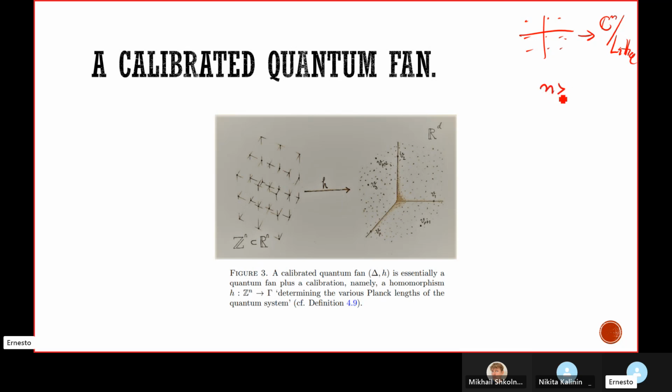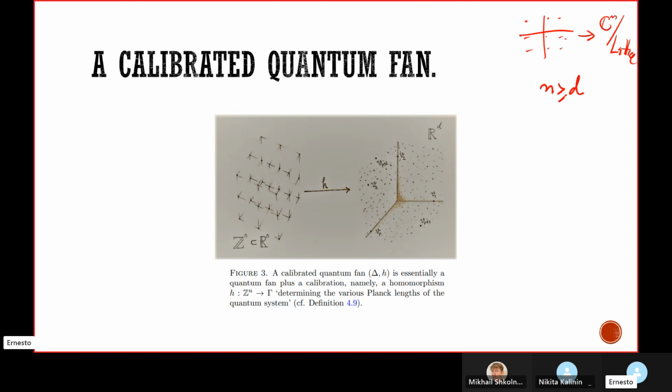Typically, N is bigger than D. Well, if it is equal to D, and this is just the canonical lattice, we get just the typical lattice in Rd as in classical toric geometry.